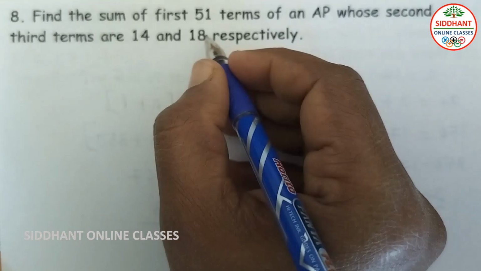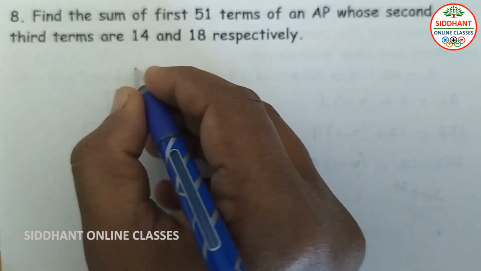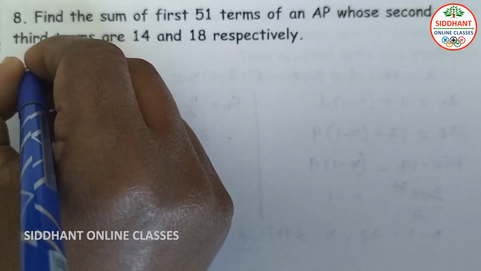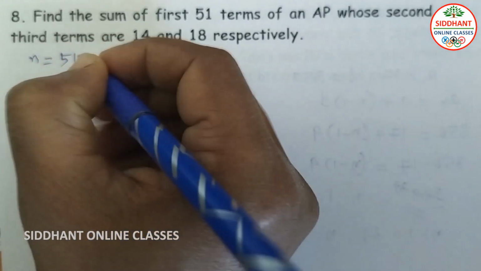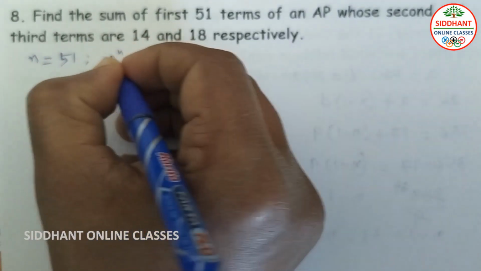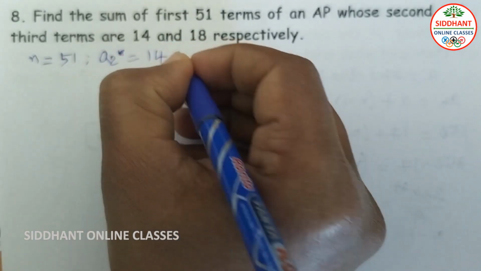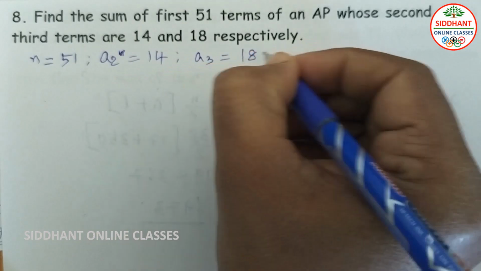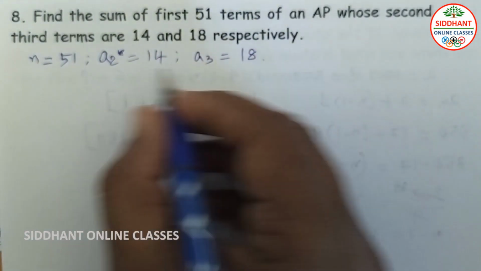Eighth one, find the sum of first 51 terms of an arithmetic progression whose second and third terms are 14 and 18 respectively. So here n is given which is 51, and second term that is a2 which is 14, and a3 the third term which is 18. Now we are going to find the sum here.